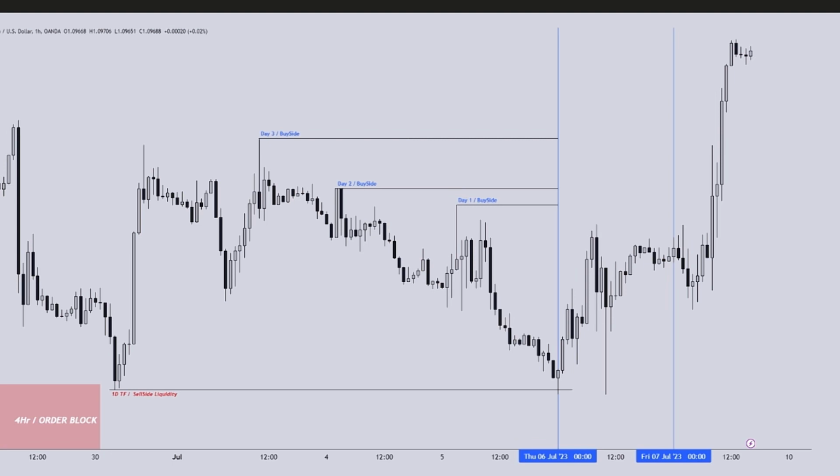And our accumulation tends to be our Asian range, central bank stimulus range. There's a video that I released about that, but I'll be sure to provide a link in the description so that you can get full details on that.